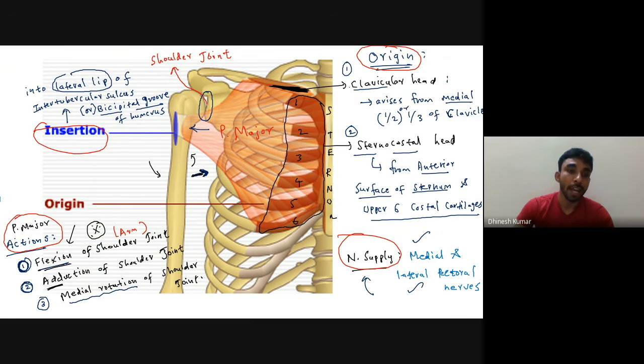So these are the three actions of pectoralis major muscle: flexion, adduction, and medial rotation of the shoulder joint. Fine. So I hope you are clear about the origin, insertion, nerve supply, and actions of pectoralis major muscle.